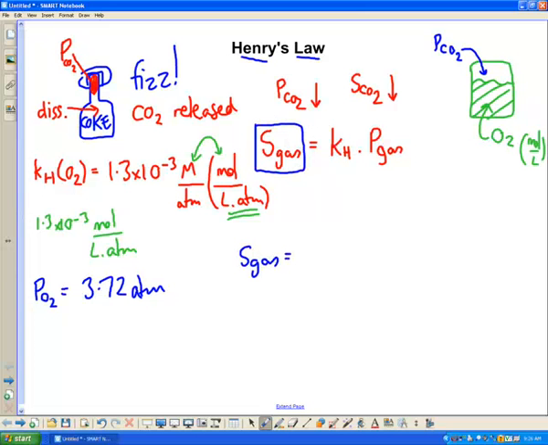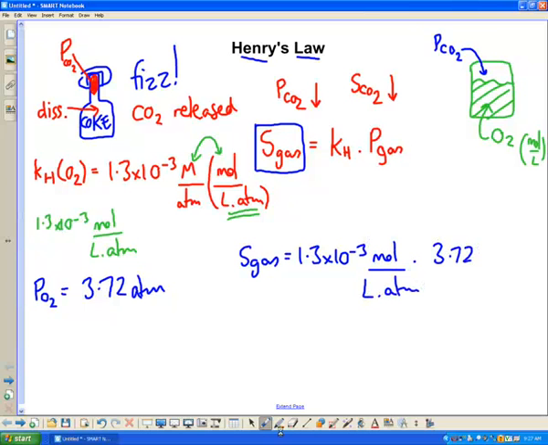You remember I said the solubility was expressed in units of moles per liter? Well, we're going to see that these two, the units will cancel out to give this. We know already that the Henry's law constant for oxygen is this, because that's what we were told before. And we know the partial pressure of the oxygen above.